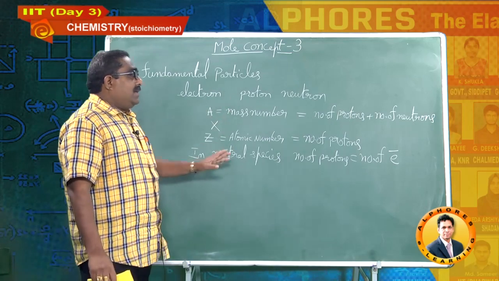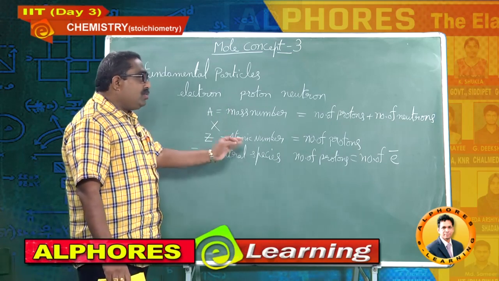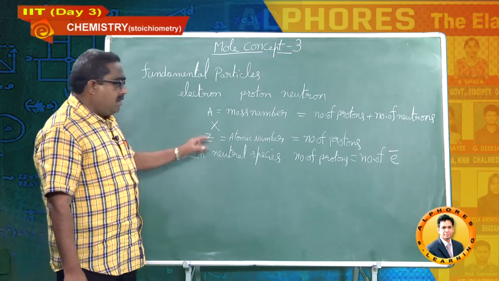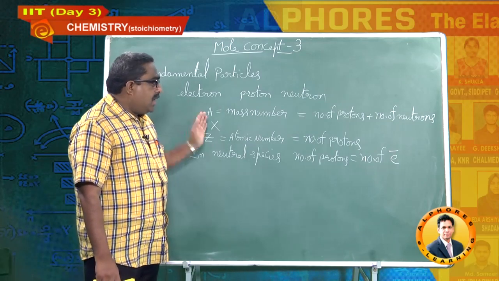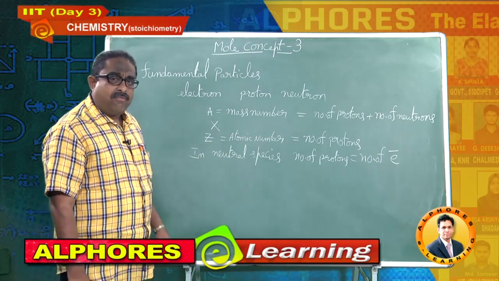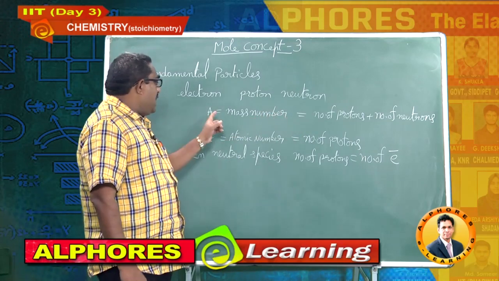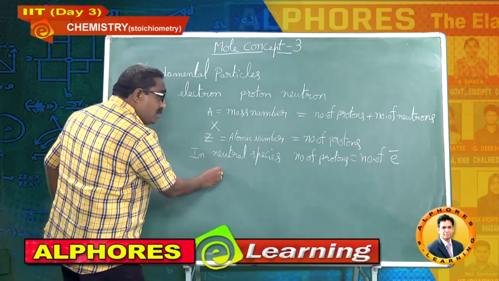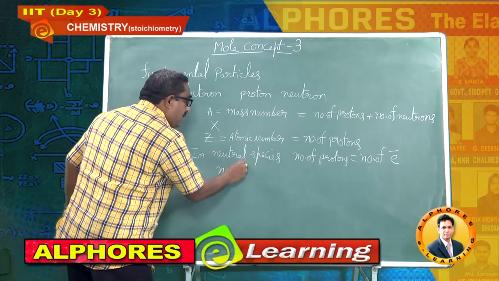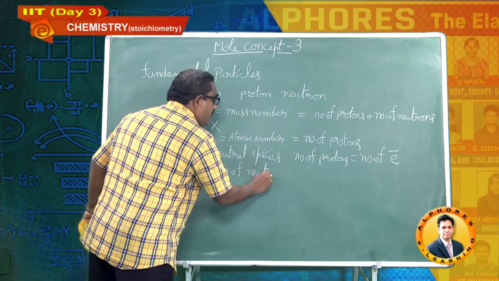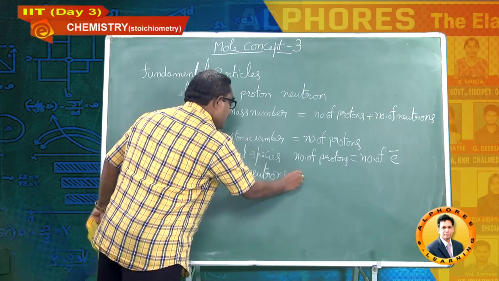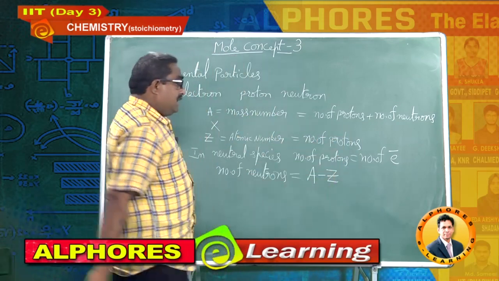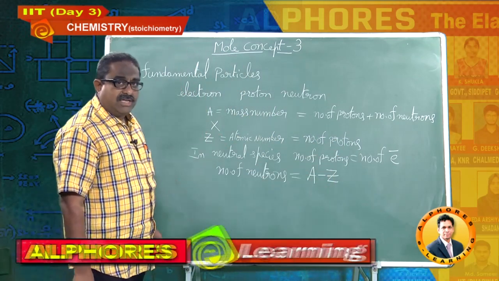So, with this I have introduced you to what is atomic number, mass number, how to identify number of protons, and mass number, which is number of protons plus number of neutrons. So, if you want to calculate number of neutrons from the symbol of an element, you can simply write A minus Z, which gives the number of neutrons.